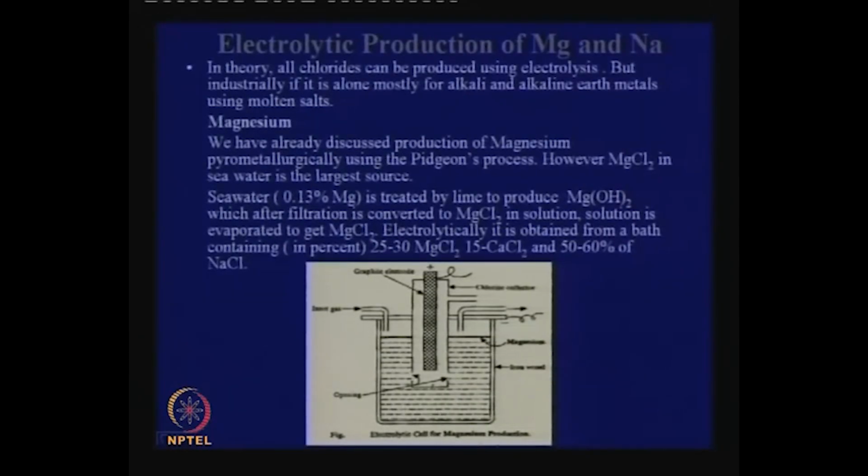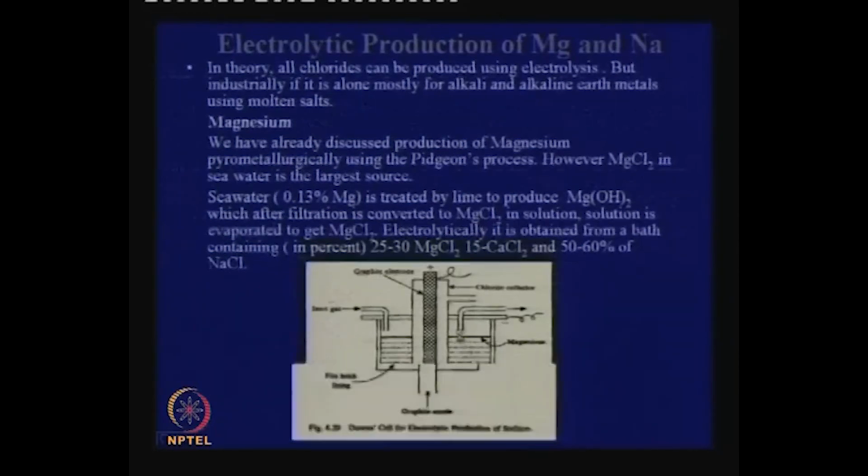I ended that module by talking about magnesium electrolysis and sodium electrolysis. There I mentioned the special features of the electrolytic cells which ensure that the metal released does not react with chlorine. In the case of magnesium, chlorine is released here, it escapes, magnesium floats up, it never comes in contact with chlorine.